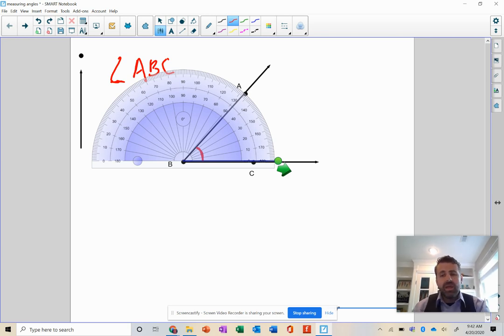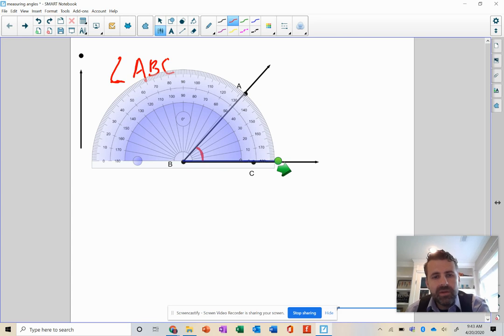The easiest way to think about it is whatever 0 your bottom ray is pointing towards, that's the set of numbers you use. In this case, it's pointing towards the inside 0. The outside 0 is over here, and I'm not pointing towards that at all. So I'm going to use the inside set of numbers to measure this angle.